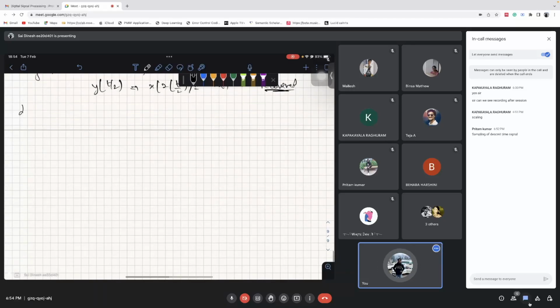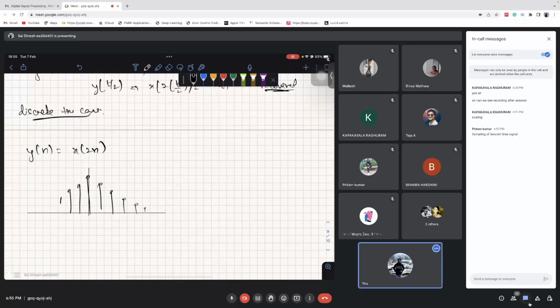So in the discrete time case, if we say y of n is equal to x of 2n, for example, and you have a signal like 0 1 2 3 4 5 and then 6 for example.